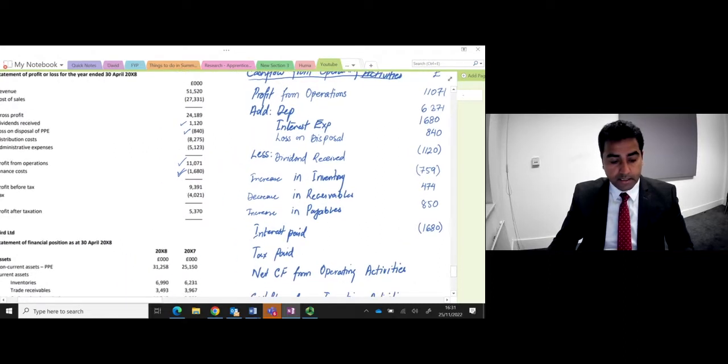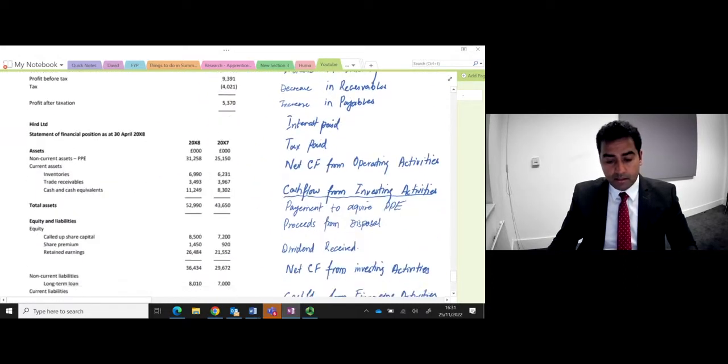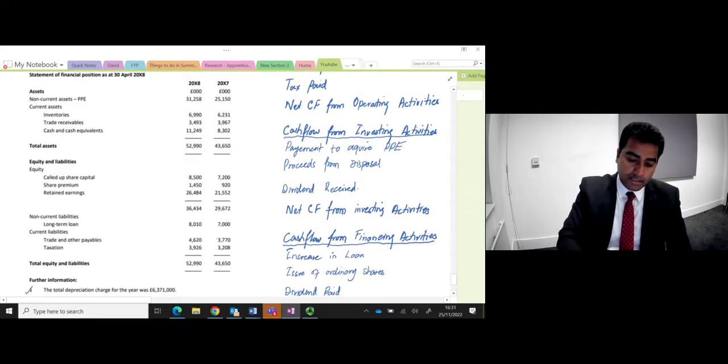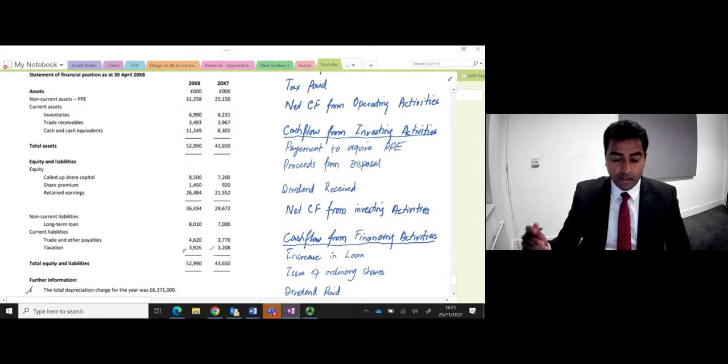Next is the taxation. So let's have a look at if there is any opening and closing liability of tax. And I can see that there is an opening liability and closing liability of tax. So the opening liability is 3208 and the closing liability is 3926.